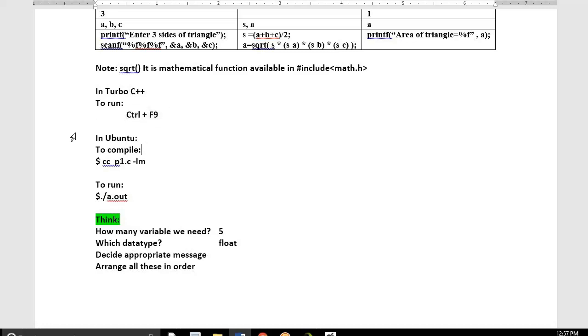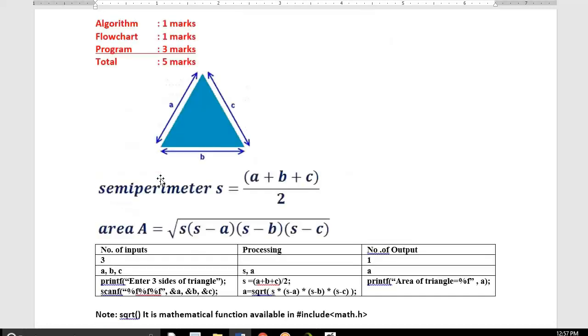If you are working with Ubuntu, to compile the program, cc command we use compile, and p1.c, assume that the given file name is p1.c. Then we use -lm. Why lm? Because lm stands for link to mathematics library, -lm. To run the program, ./a.out in Ubuntu. In lab you are going to run it. No need to worry. I hope little bit you are getting the knowledge.